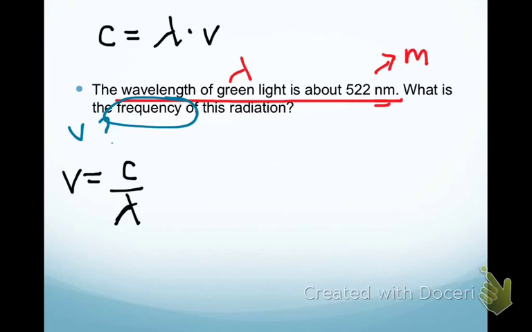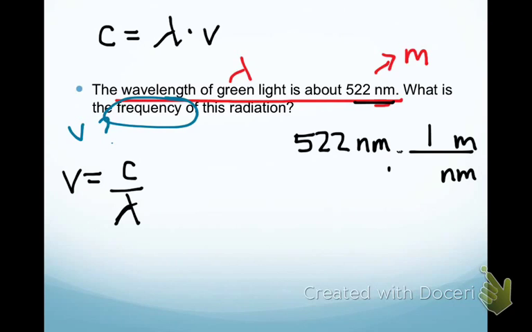Let's convert our wavelength here because I noticed that it's in nanometers. So I'll do that off to this side over here. 522 nanometers. If I remember from my prefixes and my powers of 10, nanometers will go on the bottom, meters will go on the top. In 1 meter, there are 1 billion nanometers.